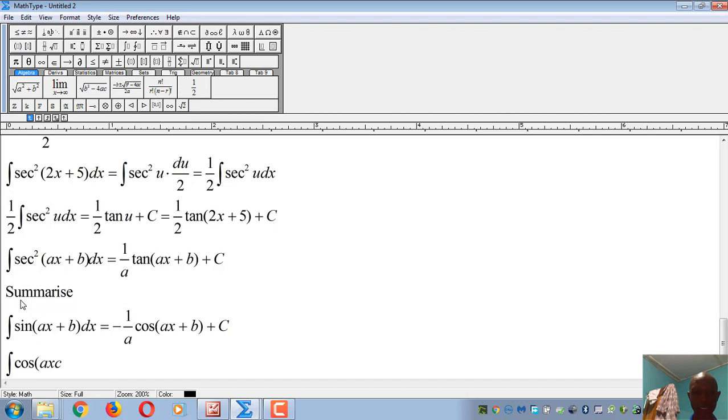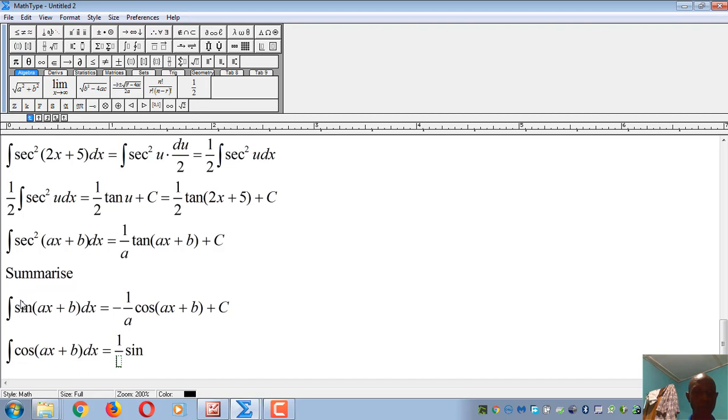The integral of cos(ax plus b) dx equals 1 over a sine(ax plus b) plus c.